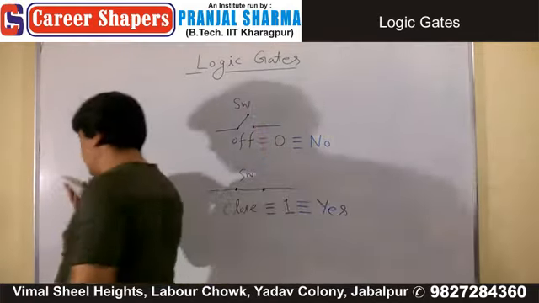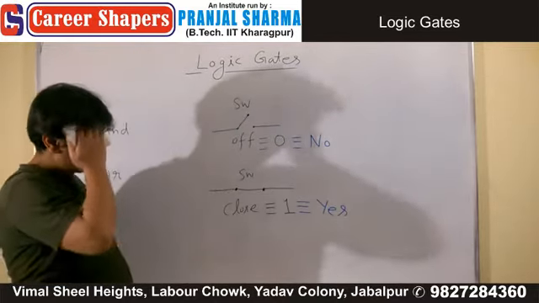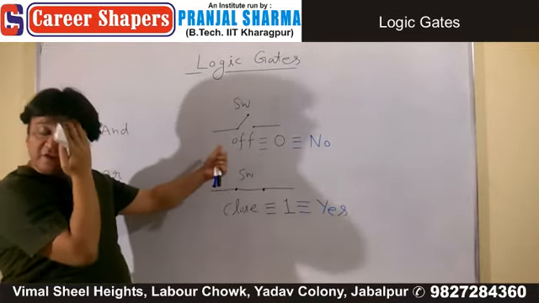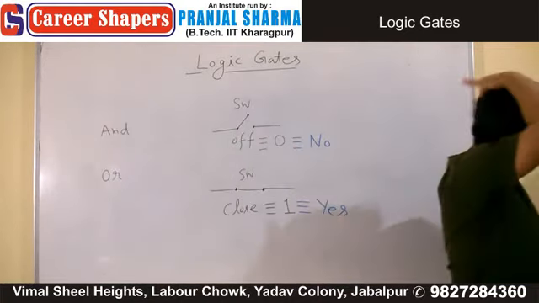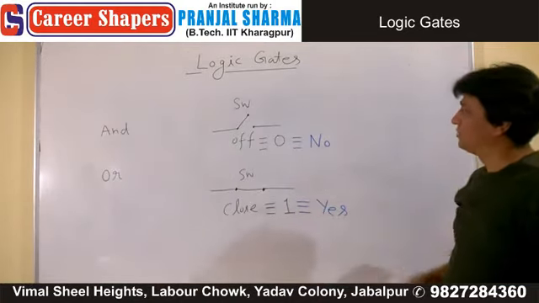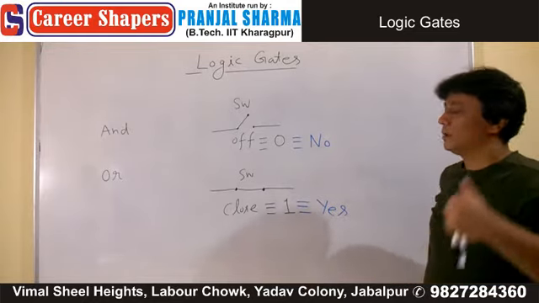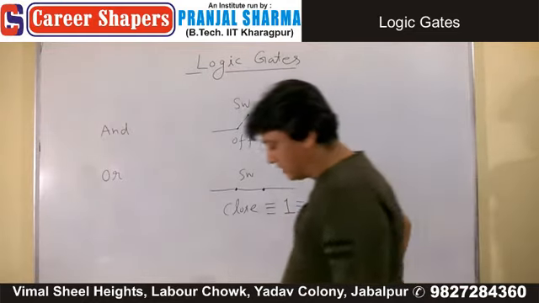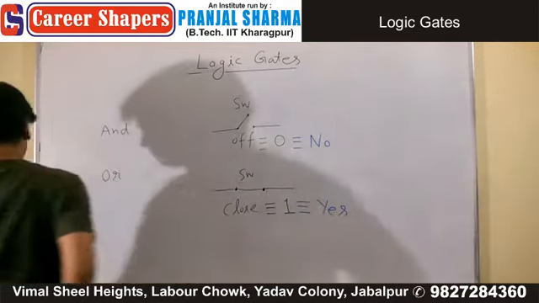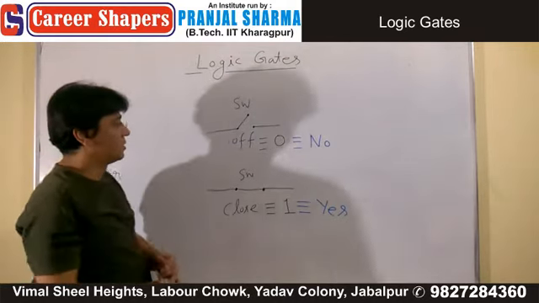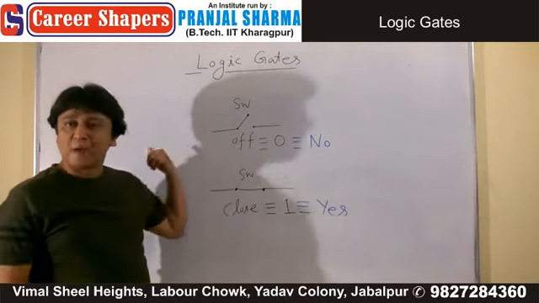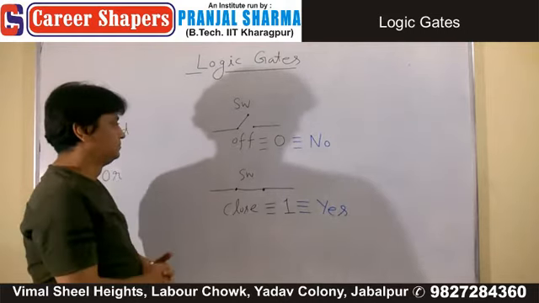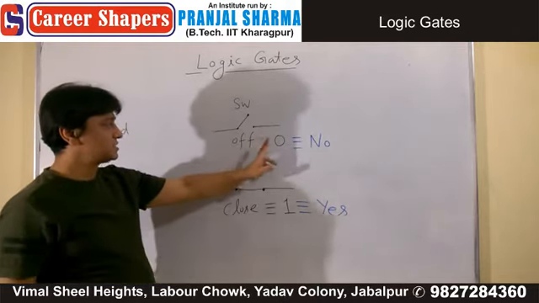Write down the statement. If switch is off, that is, there is no current in the circuit, its numerical value is 0.